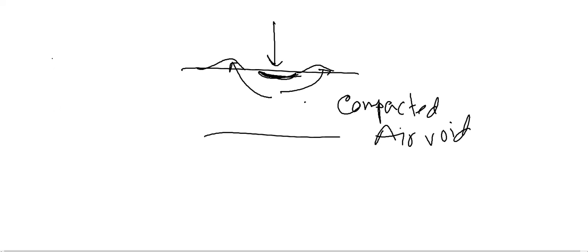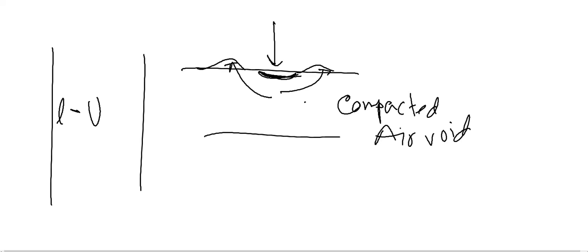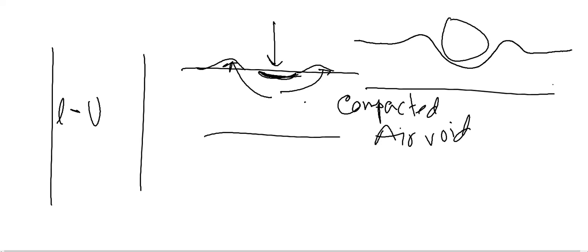Sometimes you see that if the pavement is here, there will be some deformation, but at the same time here you can see some material go up. That means the surface looks like this: up, then deformation, then again up, and this is the wheel path. Sometimes you see this kind of going up. This is called shear rutting.